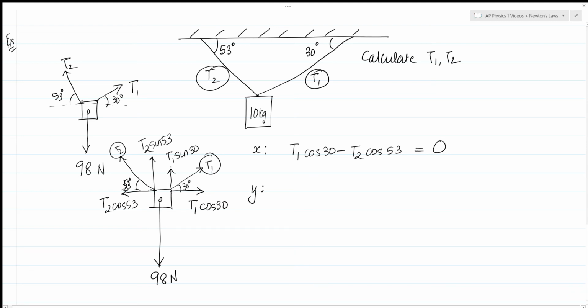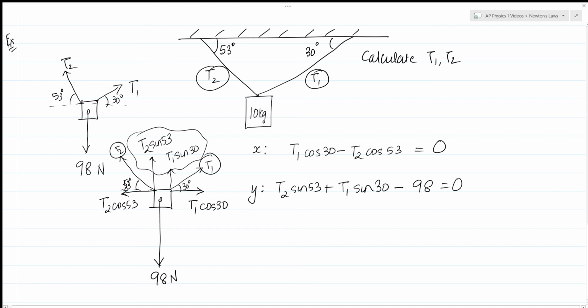If you look at the picture, you see that T2 sine 53 and T1 sine 30 are both pointing up, and the 98 newtons is pointing down. So we can write T2 sine 53 plus T1 sine 30 minus 98 is equal to 0.